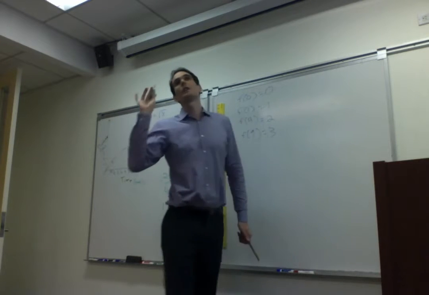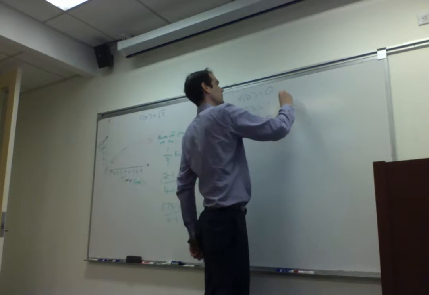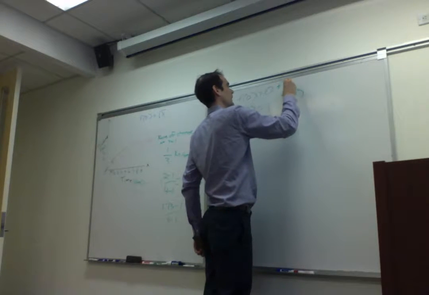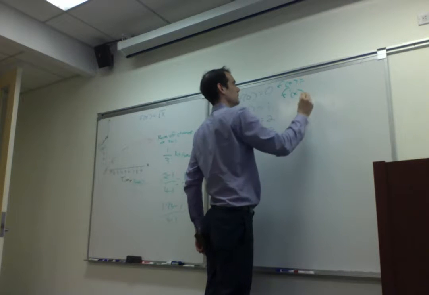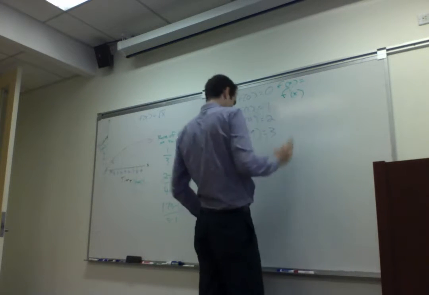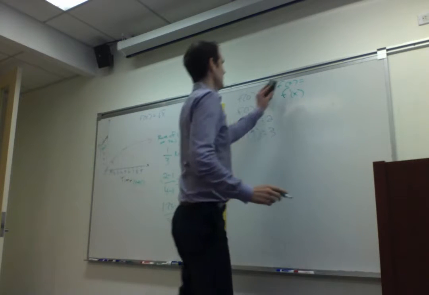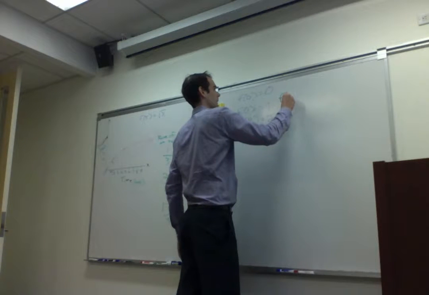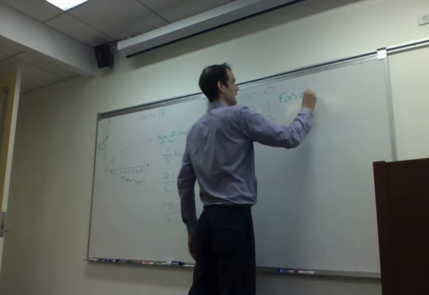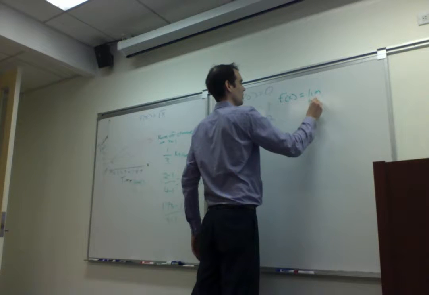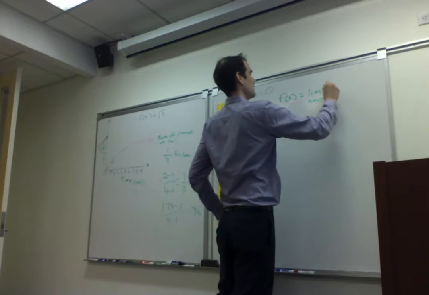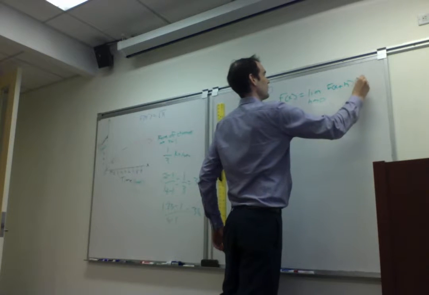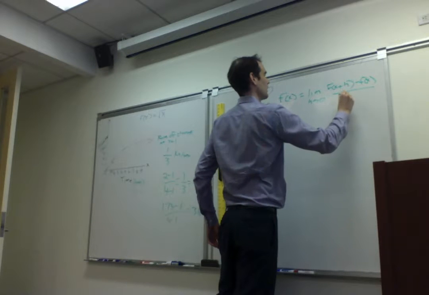Which gives us the formula for the derivative. If f of x equals some function, then f prime of x equals the limit as h goes to 0 of f of x plus h minus f of x, all over h.